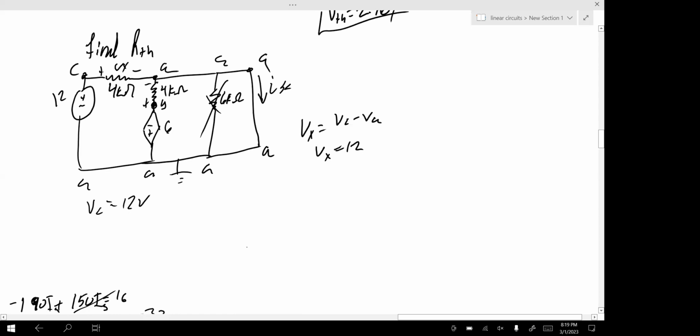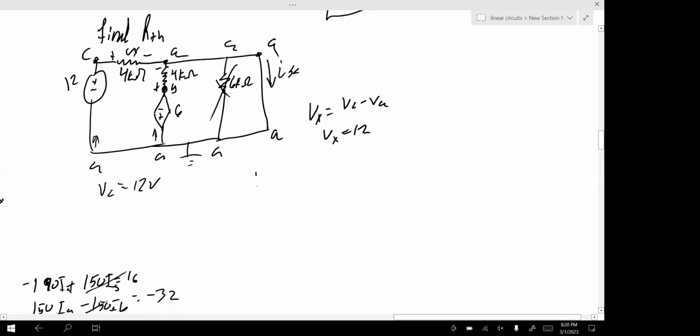Find our Thevenin by finding our short circuit current. Short circuit current is flowing this way, I'm going to assume, I guess. So we're going to KCL.